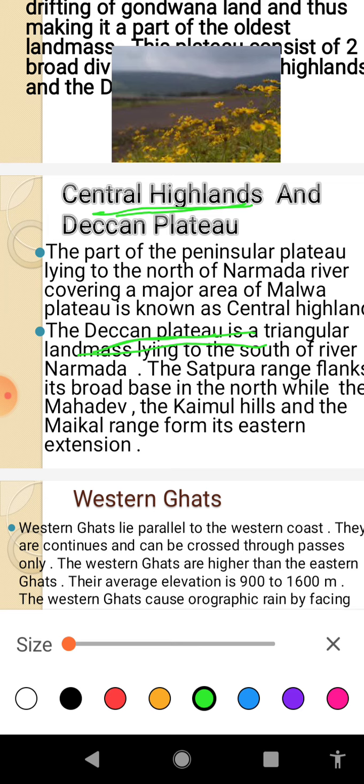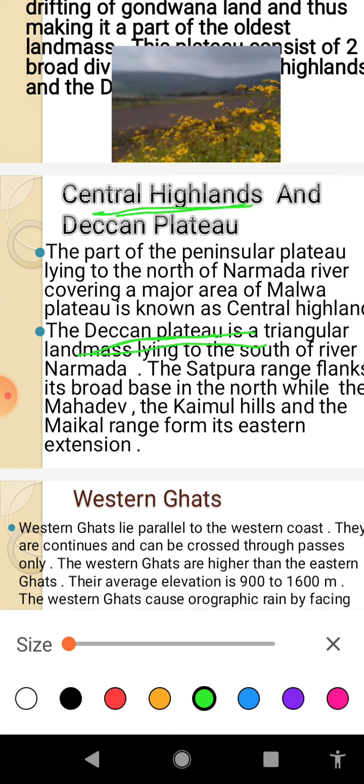The Deccan Plateau is higher in the west and slopes gently eastwards. The extension of this plateau is also visible in the northeast, locally known as the Meghalaya and Karbi Anglong Plateau, and it is separated by a fault from the Chota Nagpur Plateau.